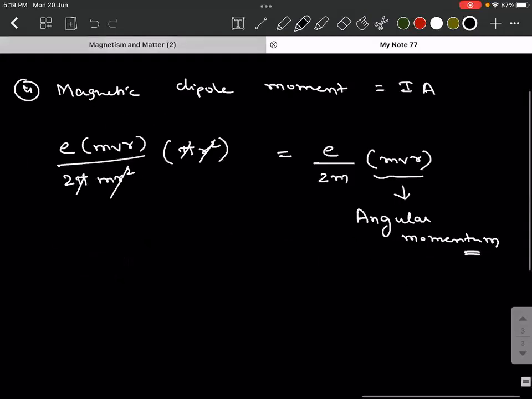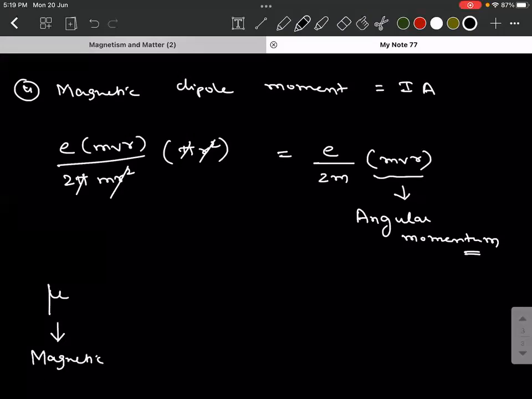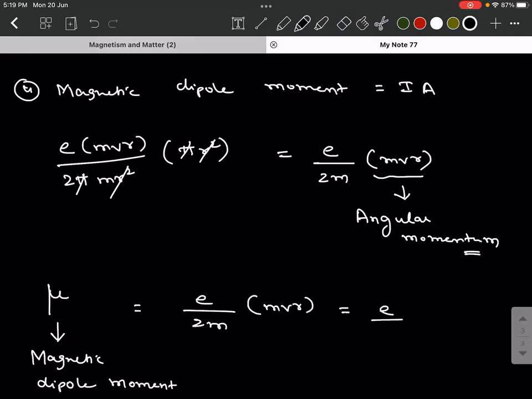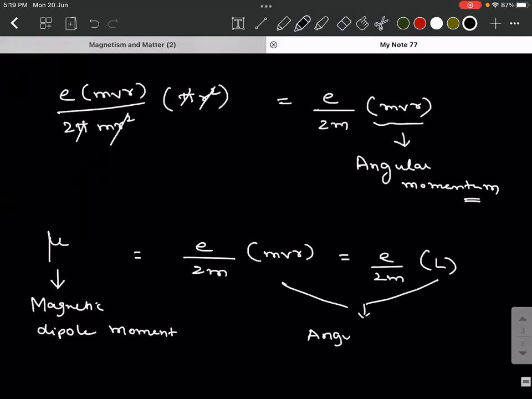So what I'm trying to conclude here is, if I say mu is the magnetic dipole moment, then this will be equal to E divided by 2M into MVR, or I can write it as E divided by 2M into L, because L is a symbol used for angular momentum. Is it clear?